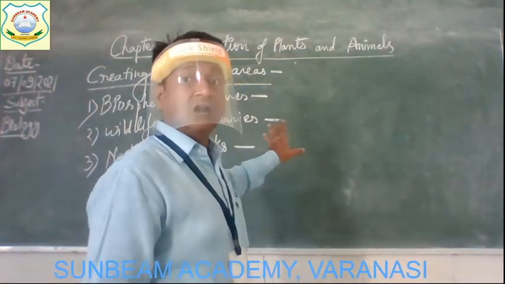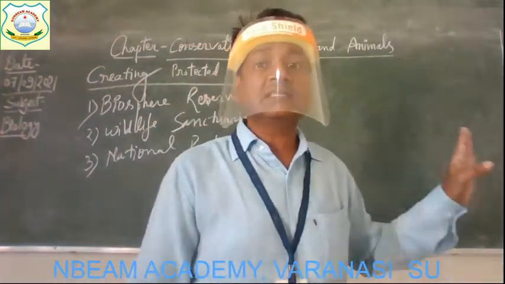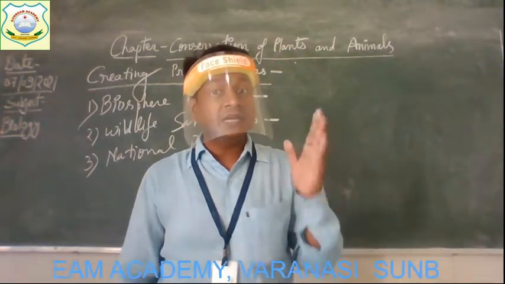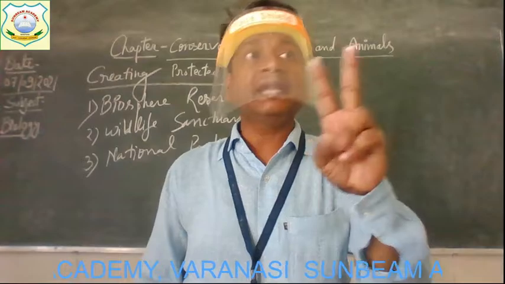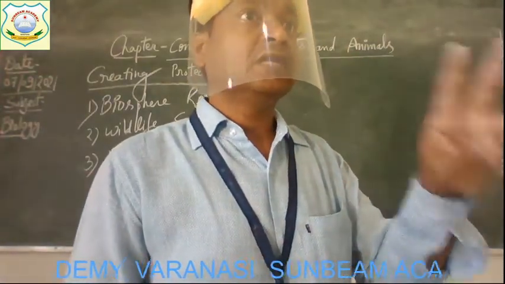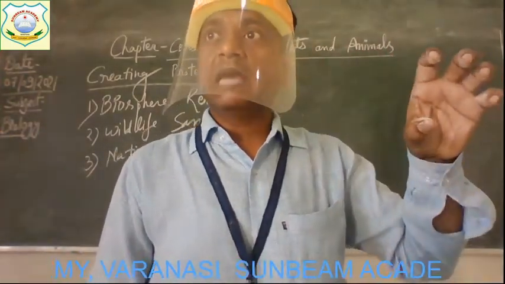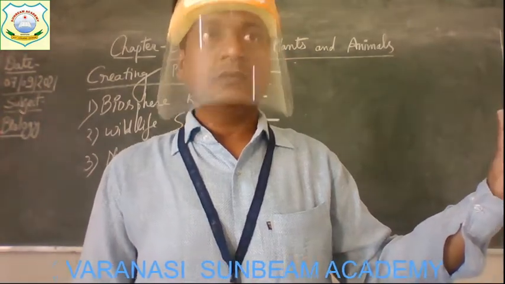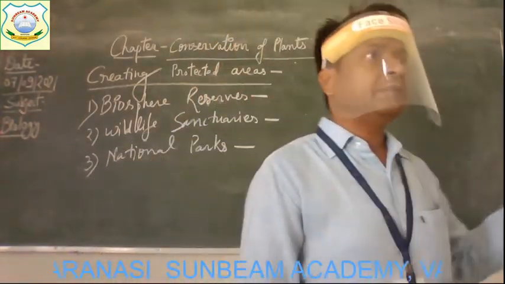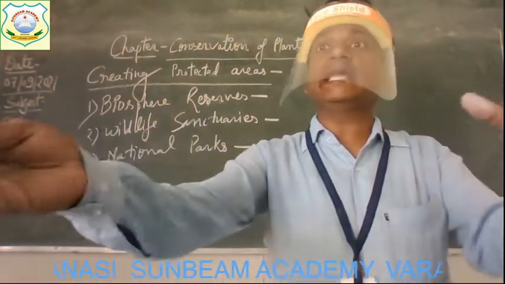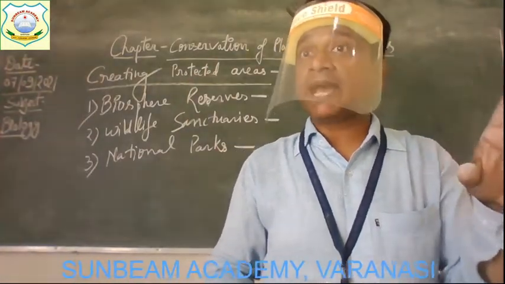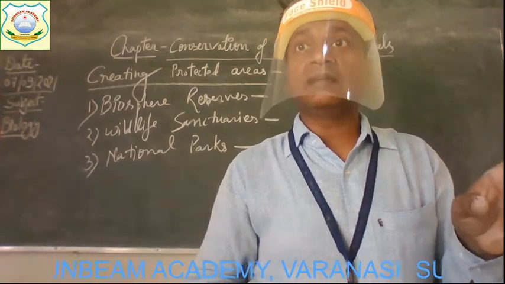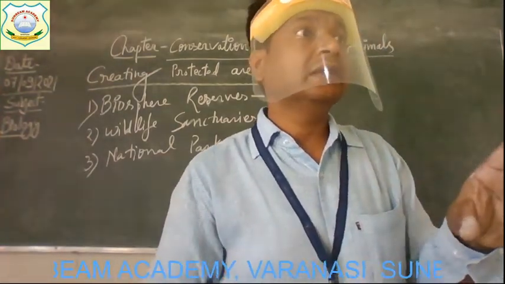So, what is the law of the government in these areas? Cutting down trees, hunting of animals, capturing of animals. Hunting and capturing are different. Some people capture animals and sell them, and different people purchase them and keep them as pets in their homes. A very common example is the parrot, a bird kept as a pet in different homes.